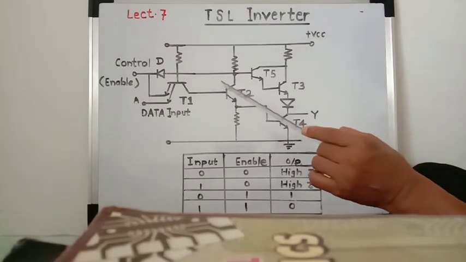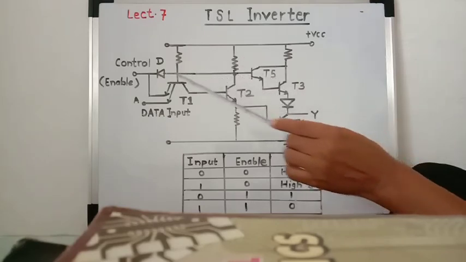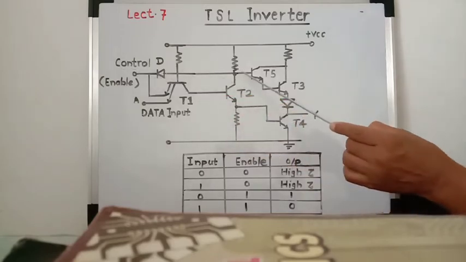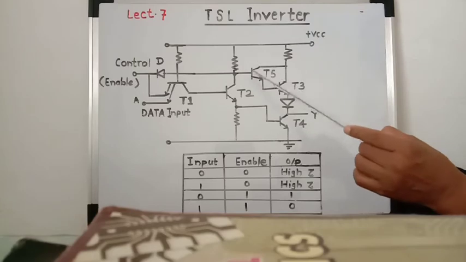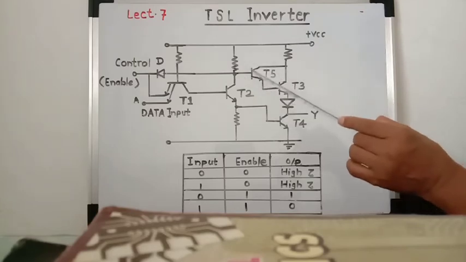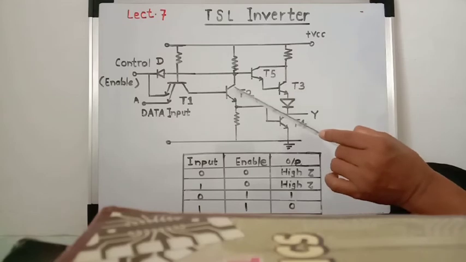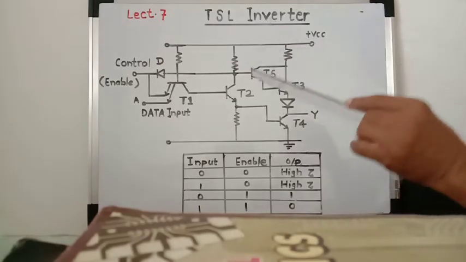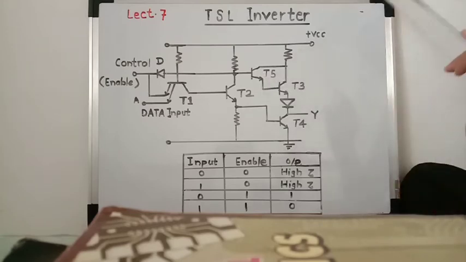Therefore transistor T2 is cut off. Also, enable low is connected to the base of transistor T5, which is also an NPN transistor, so transistor T5 is also in cutoff. Since T5 drives transistor T3, T3 is also cut off.